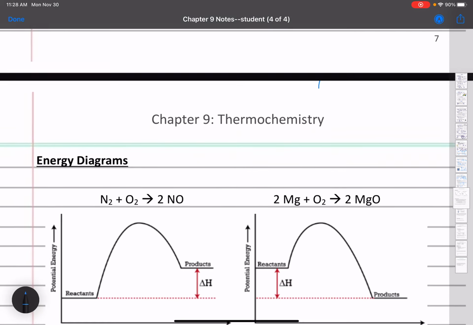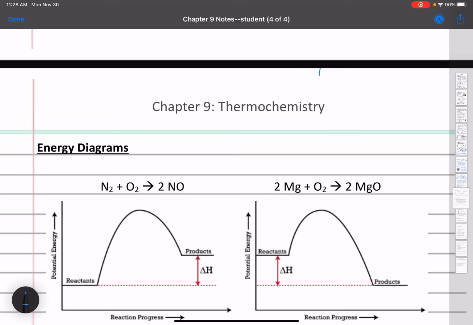So we can draw reaction energy diagrams to display the change in energy that occurs over the course of a reaction. So this first reaction here is an example of an endothermic reaction.